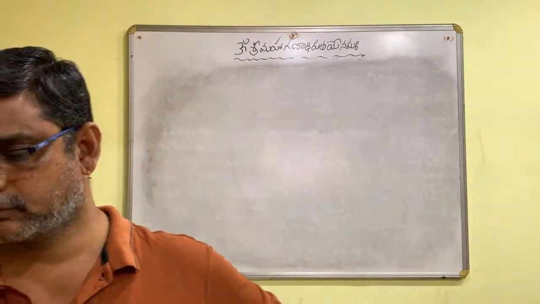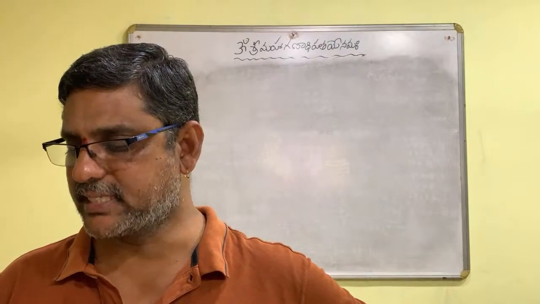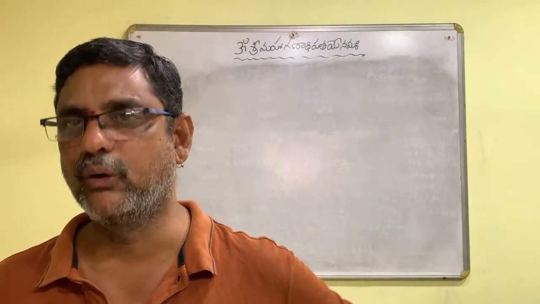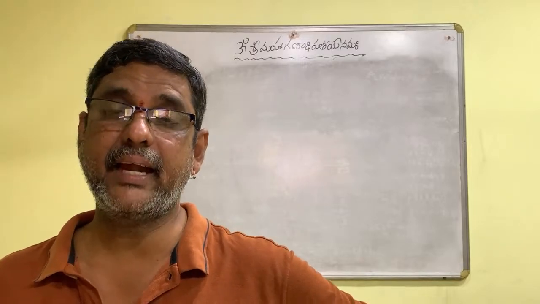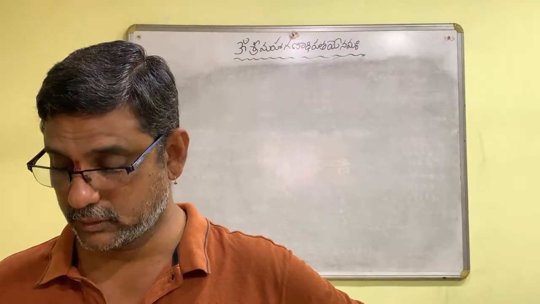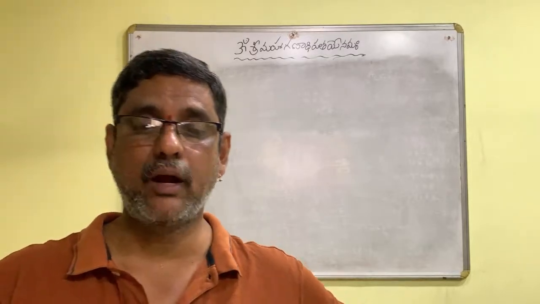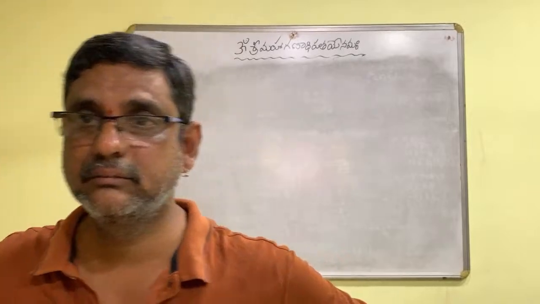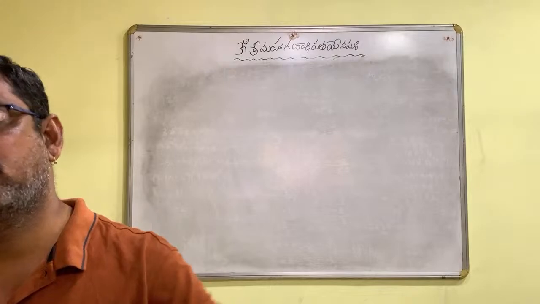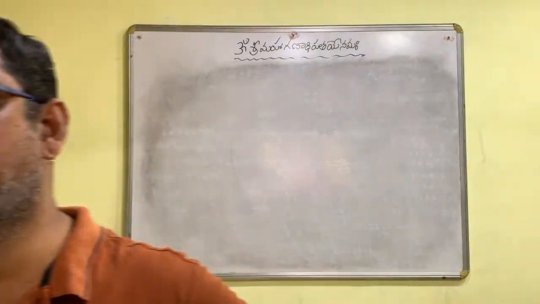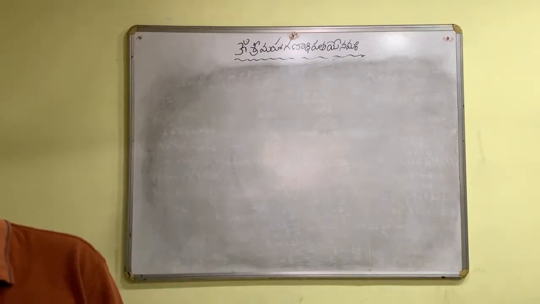Now, A less than 0, B greater than 0. Then the point A comma B lies in which quadrant? Second quadrant. Very good.